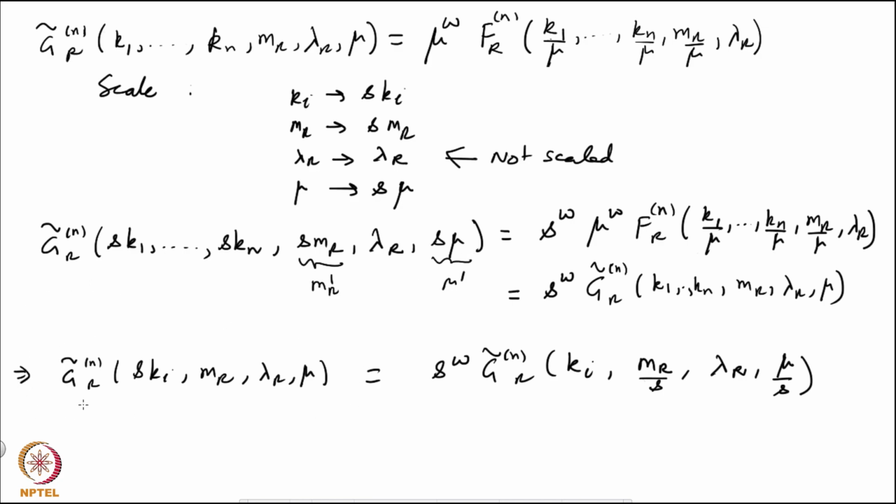So you have a Green's function here, which is having momenta which are all scaled up by a factor of s, but the masses and other parameters are still fixed, okay, and they are related to the Green's function with these momenta unchanged, unscaled momenta, by this relation where you see that the mass parameter and the renormalization scale, they are scaled down by a factor of s, okay.